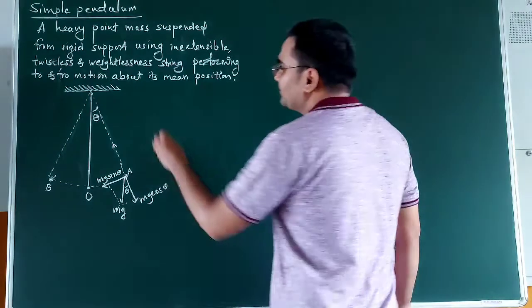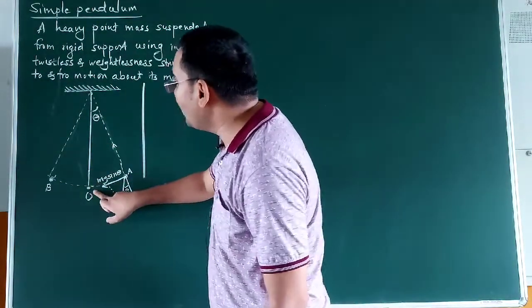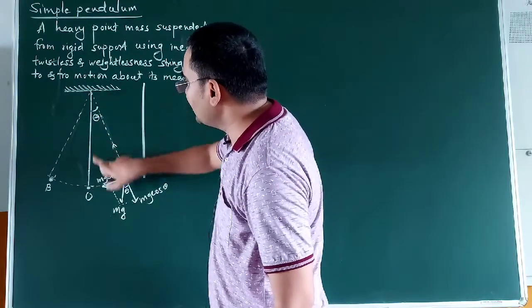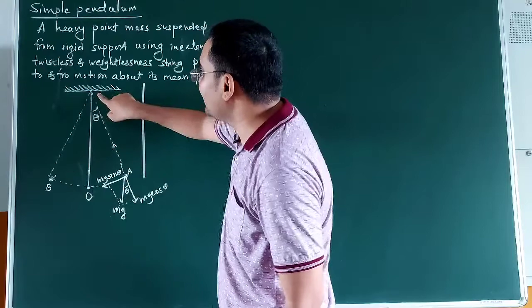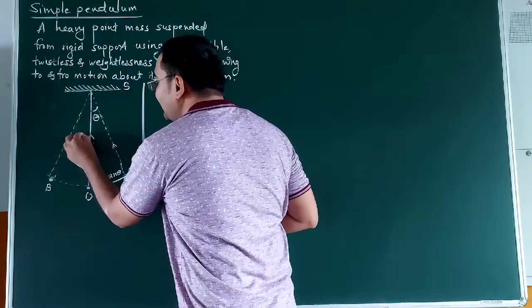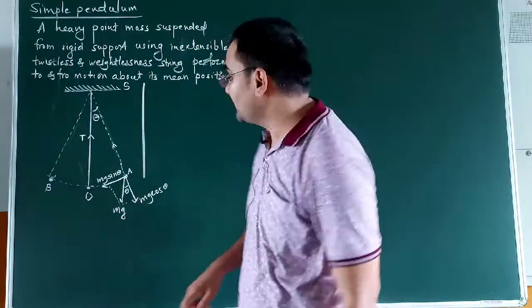Okay, so as you can see in the diagram, there is a bob of mass m attached to one end of a string suspended from a rigid support, say S. When it is attached, there is a tension acting on the string which is always towards the point of suspension.